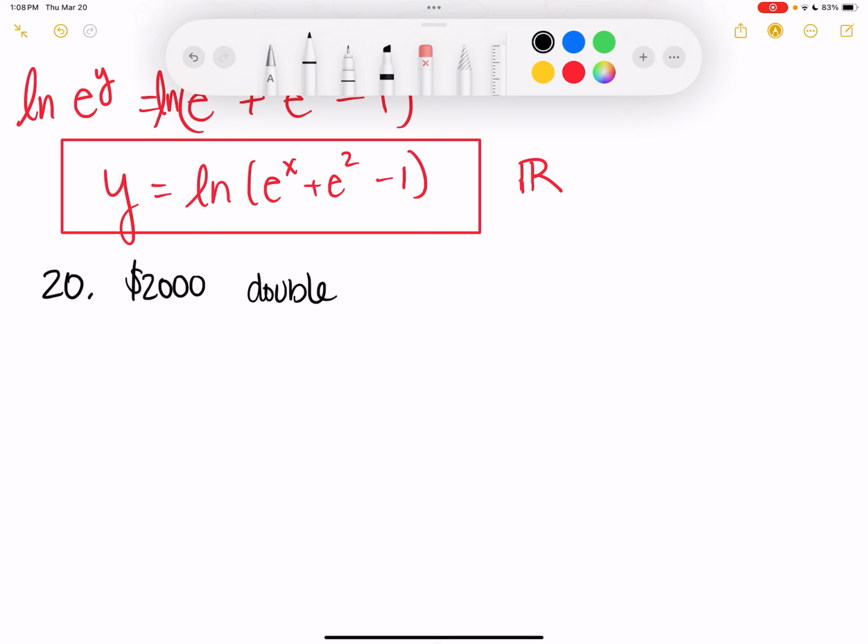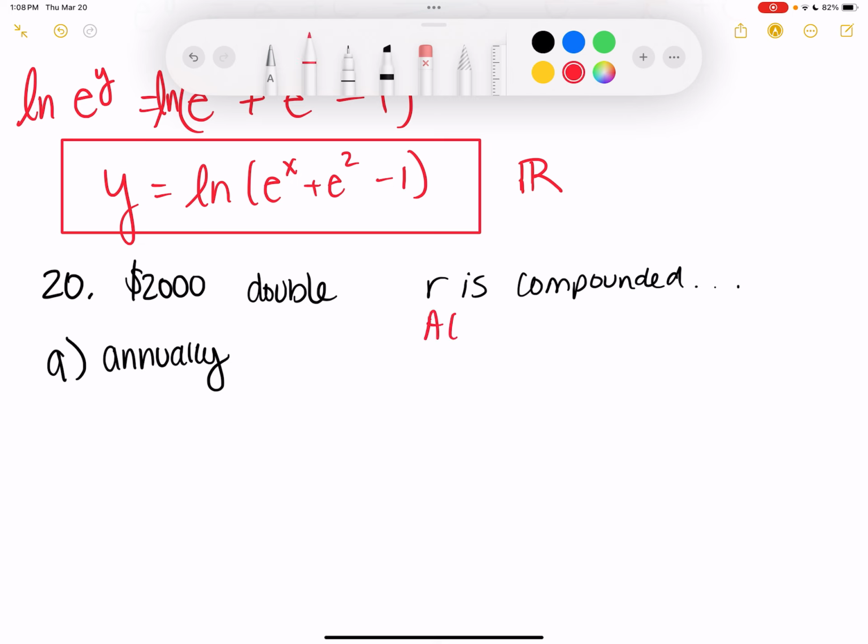If the annual interest rate R is compounded first annually. So, just as a refresher, A of t equals a sub 0 times 1 plus r over k raised to the kt.